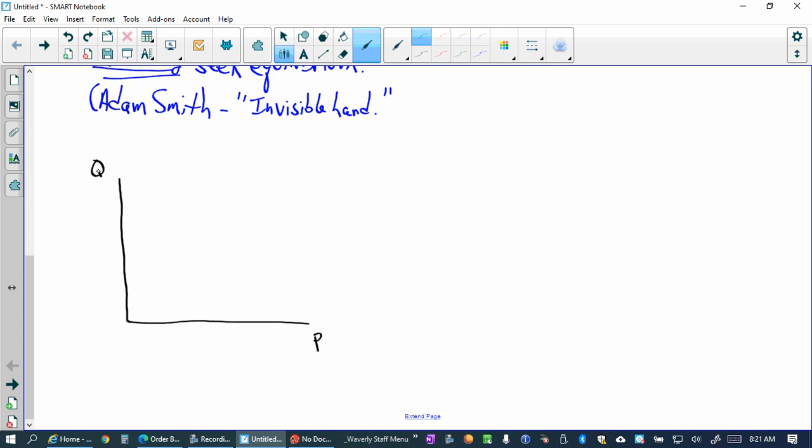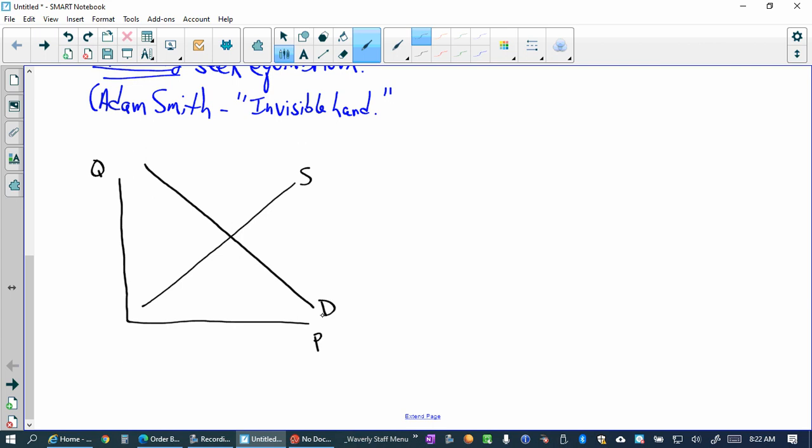I'm going to use a straight line to visualize it, because that's easier. So here's our supply curve, and then this would be the demand curve, okay?